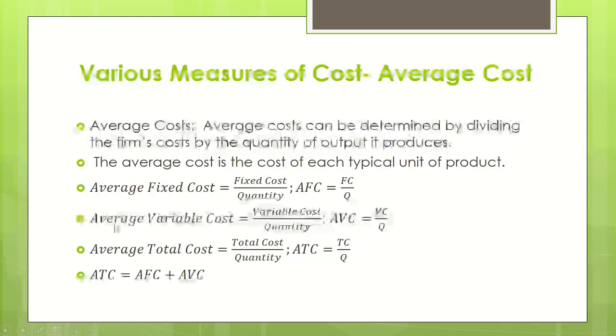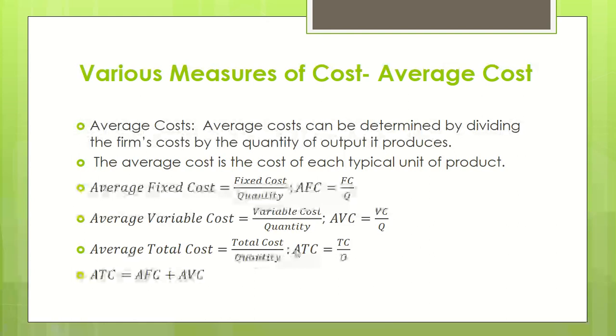And next one is average variable cost. Here average variable cost is measured by variable cost divided by quantity, and it is abbreviated as AVC is equal to VC, that is variable cost, divided by Q, that is quantity. Now there comes average total cost, which is equal to total cost divided by quantity.